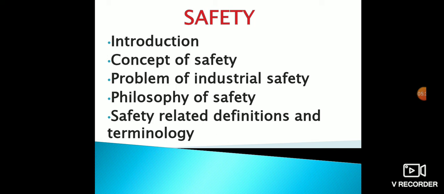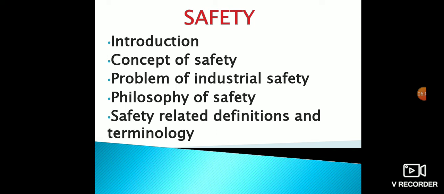And this kind of many problems we will discuss, like plant level problems, company level problems, industry level problems, country level problems, and international or global problems. We will discuss all these points in detail in problem of industrial safety.